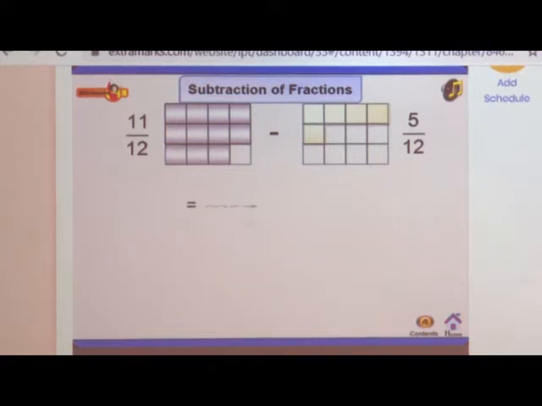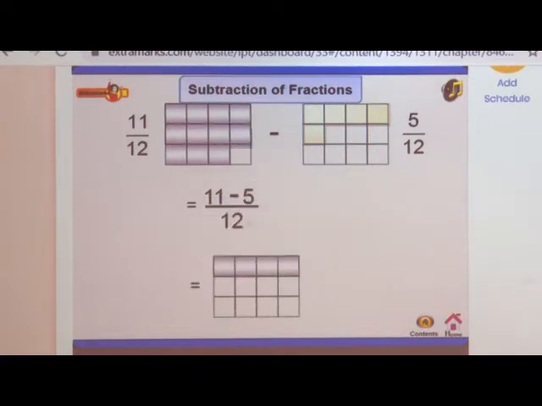First, we subtract the numerator 5 from the numerator 11 and write 12 in the denominator. Therefore, from the 11 blocks, we will remove 5 blocks. Thus, we will be left with only 6 blocks. Hence, the result is 6 by 12 and we can reduce it to 1 by 2.